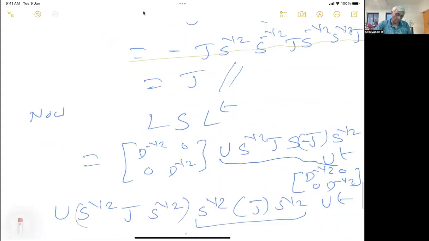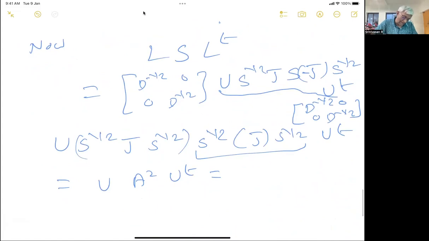So please correct it. So it has to be transpose here. I'm sorry. Change u to u transpose. So then we will get a u transpose here and u here. Transpose here, u here.